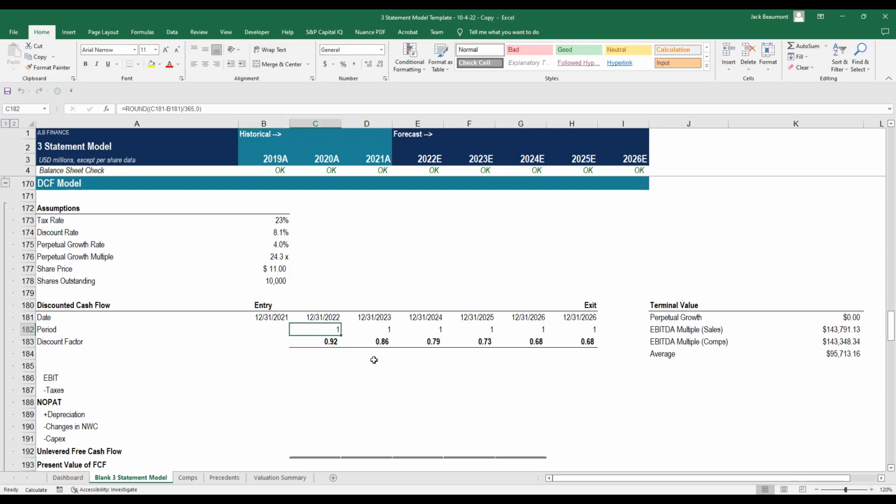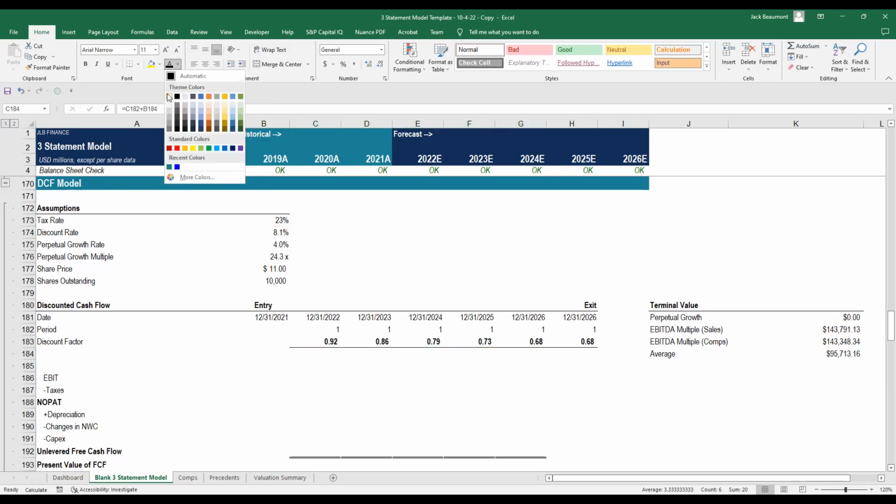For this example, it's 1 year from now. This is year 2. This is year 3. I have them referenced below here because I have these as invisible numbers. If I make this black, you'll see that it says 1, 2, 3, 4, 5. And 5 obviously is the same as year 5.